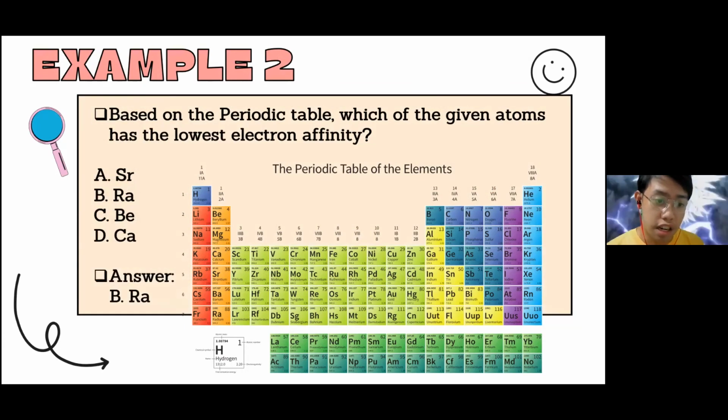It is because if you look at the group in the periodic table where beryllium, strontium, calcium, and radium are, they are in the group of alkaline earth metals. It was stated earlier that electron affinity increases as it goes from bottom to top. So radium has the lowest electron affinity as it is at the bottom of the periodic table.